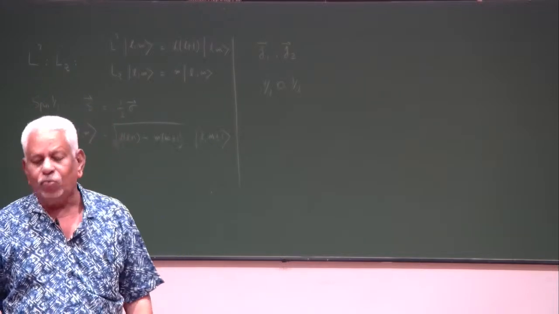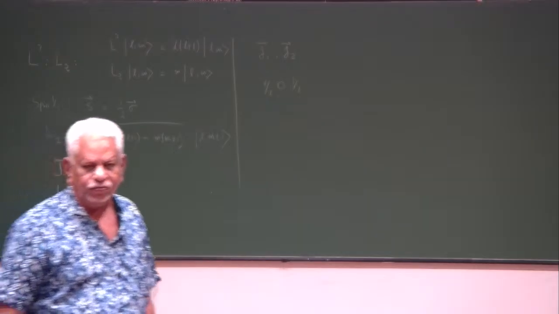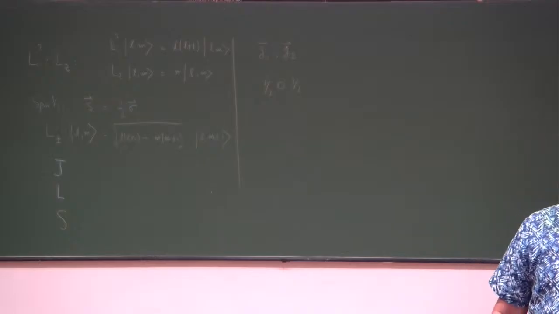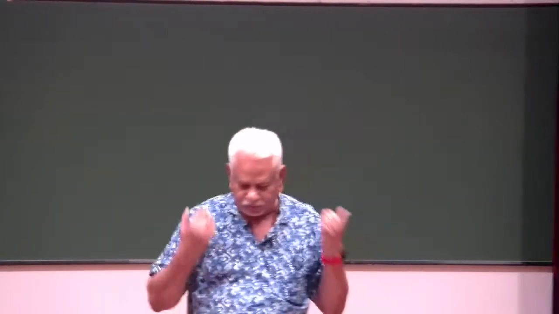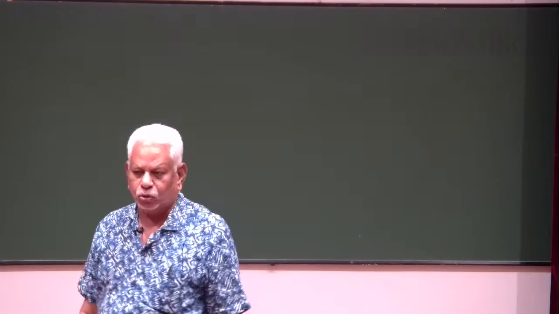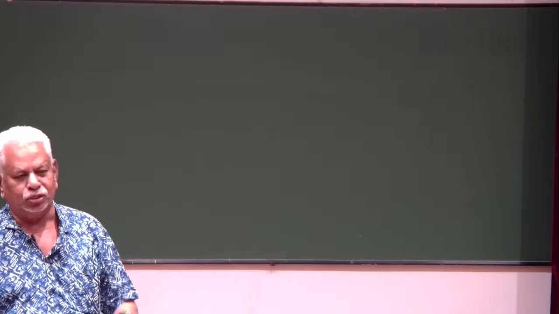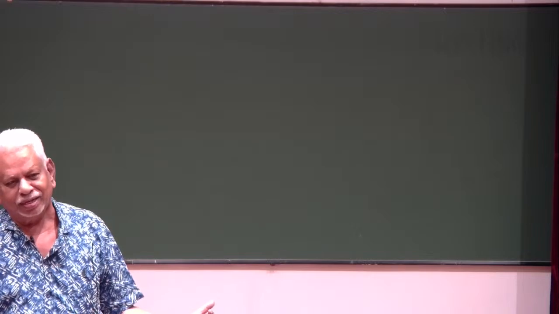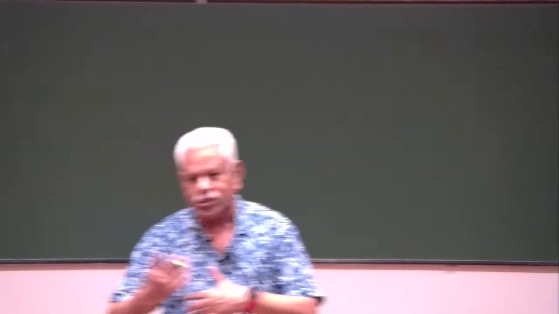Now how many states will this have? The first spin half will have 2 states, the second spin half will have 2 more, so there will be 4 states. Unfortunately, 2 plus 2 is 4, and 2 into 2 is also 4. So would you say it is 2 into 2 or 2 plus 2? Well, let us twist the question.